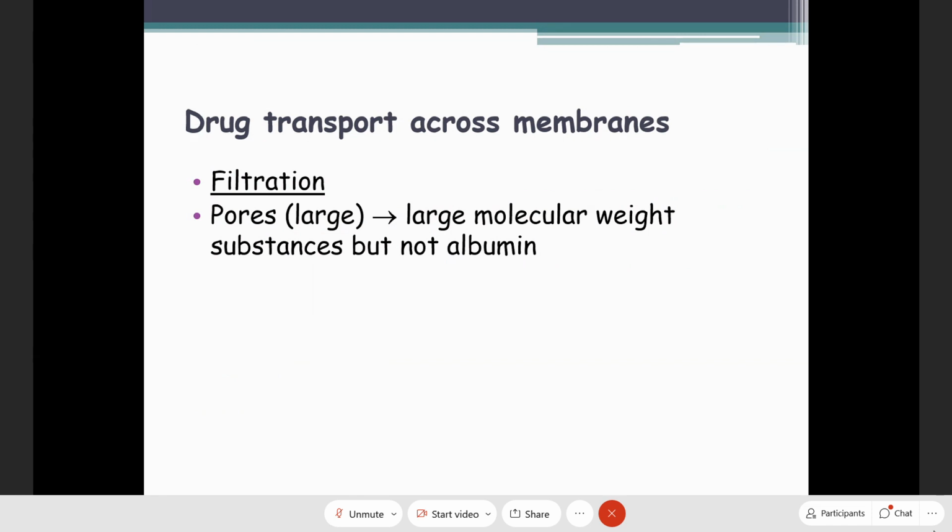This is basically through the glomerulus, which has got large pores. So they will allow large molecular weight substances, but not albumin.